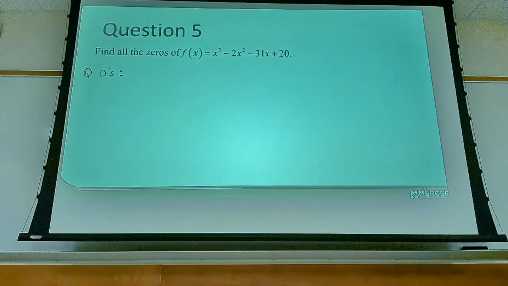This can't be done by grouping. So list out your possible rational zeros. Leading coefficient is 1. That makes this nice. What are the factors of 20? 1, 2, 4, 5, 10, 20. So those are our possible rationals.